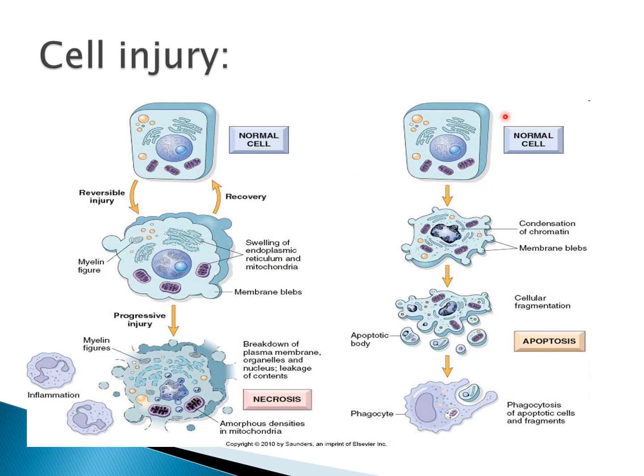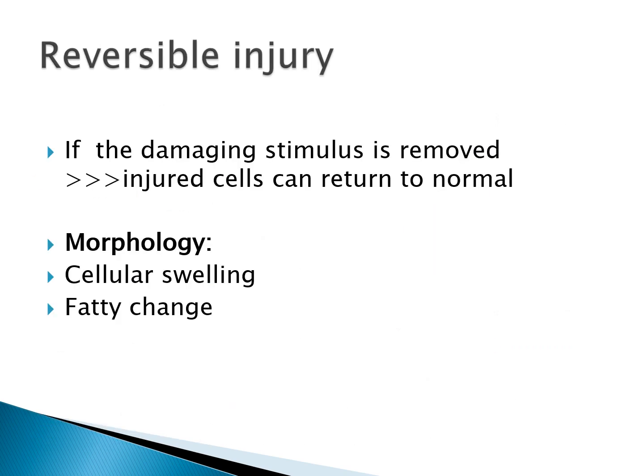The other pathway of cell death is called apoptosis, and we will discuss it in the next lecture. But you have to know that necrosis and apoptosis are two different patterns of cell death. Necrosis is called the uncontrolled type of cell death, and apoptosis is called the programmed or controlled type of cell death.